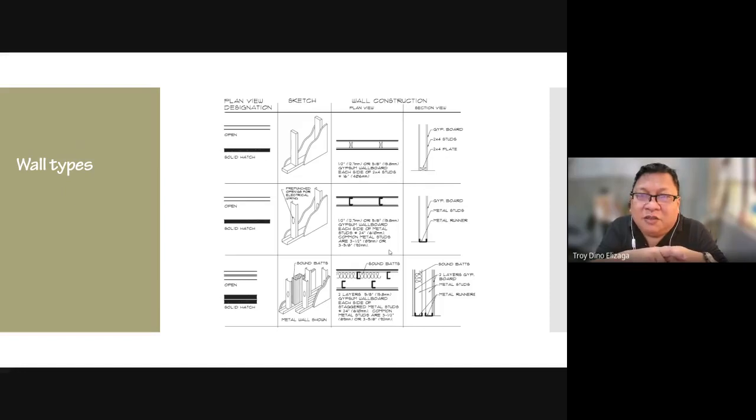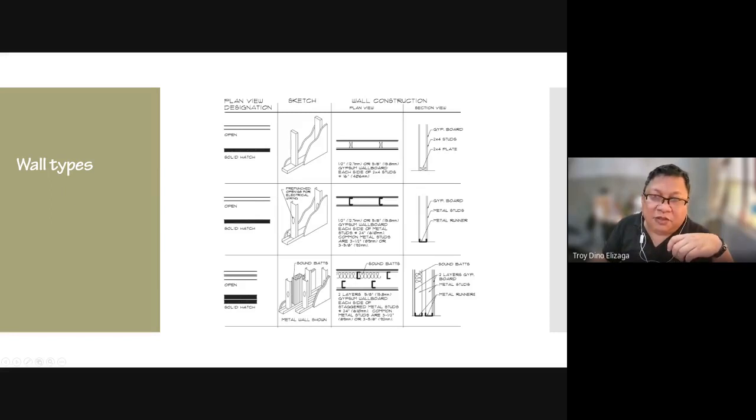The wooden wall is like your frame here, the first one. You can show it as open, but you use a dark or bold line, or you have a solid hatch. Now, if this were a construction blow-up, you show the way it's constructed. But otherwise, for a general floor plan, you can show the designation this way.